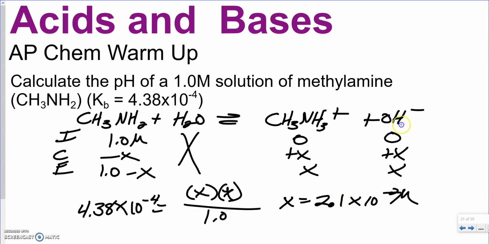And again, that's for hydroxide. So the first thing we're going to do is calculate pOH. We take the negative log of that value, and we get just below 2 as expected, 1.68. And then for pH, we take 14 minus that answer.